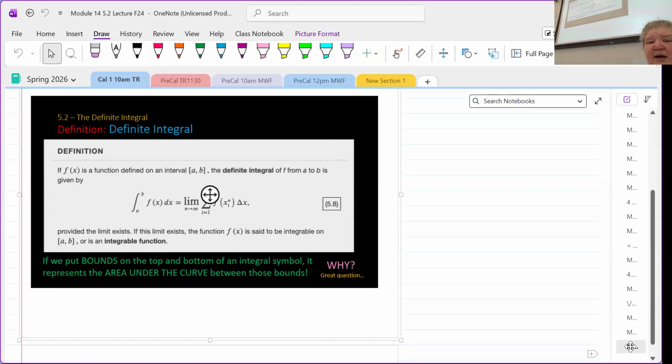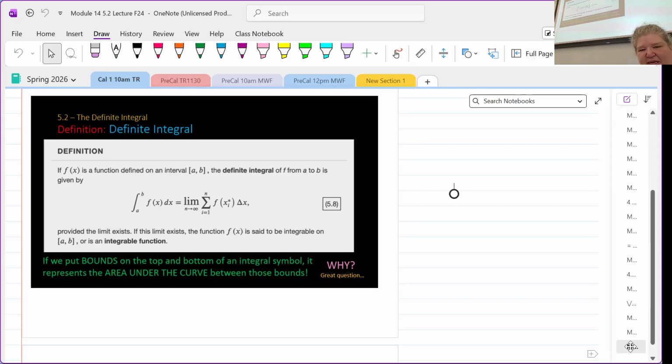So the Riemann sum had bounds. We had from A to B area under the curve. And it turns out if I do all of that crazy algebra I just did, the limit as n goes to infinity of the arbitrary Riemann sum, I will get the same formula as the antiderivative of the function. It does have a caveat, provided the limit exists.